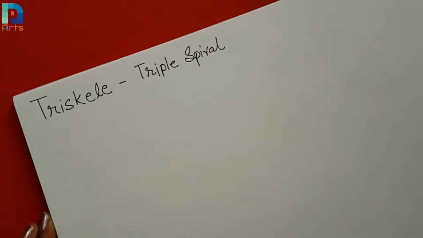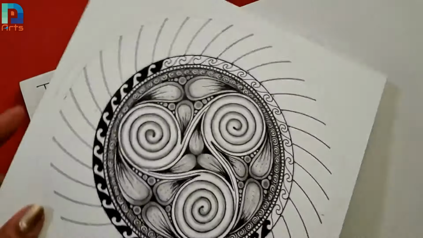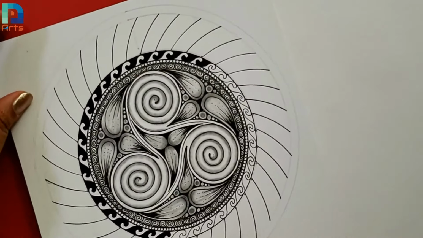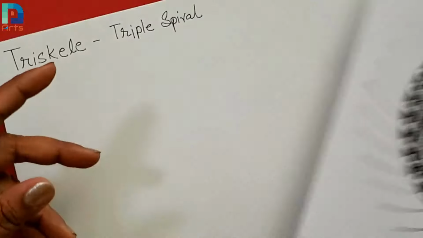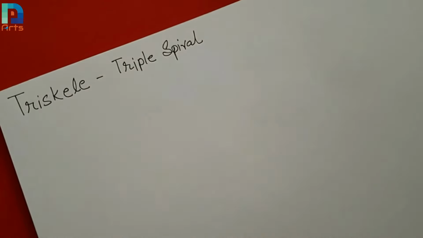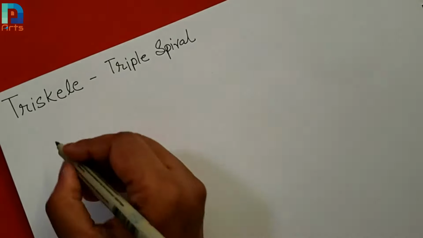We drew this symbol in our yesterday's session. We used the compass, we used the ruler, and we tried to draw them perfectly, all with the same distance. But today we are not going to use those tools. Let me just draw directly with the pen.